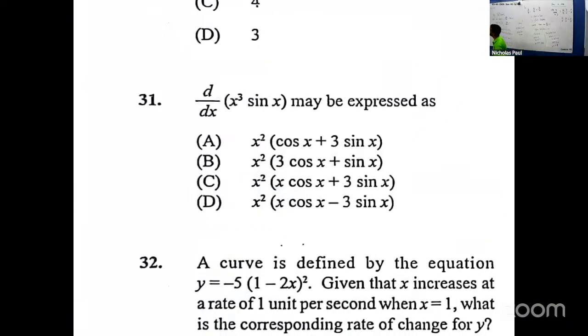31. What's that? Sorry? Sure? Somebody said B. D as in dog. Pick one and stick to one.